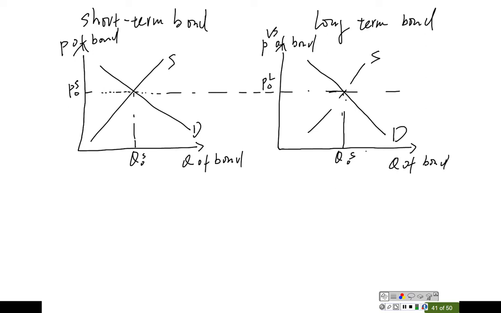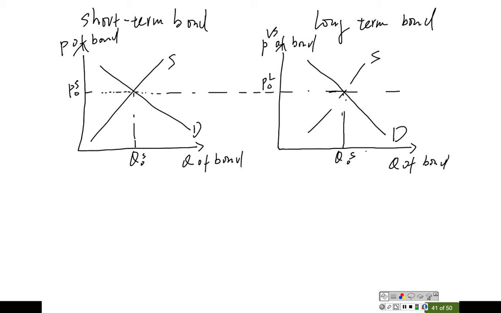So what caused the difference between the interest rate of these two bonds? If you compare the short-term bond with the long-term bond, the first question you can ask is, which bond tends to have a higher liquidity? Liquidity means how fast the asset can be converted into cash.